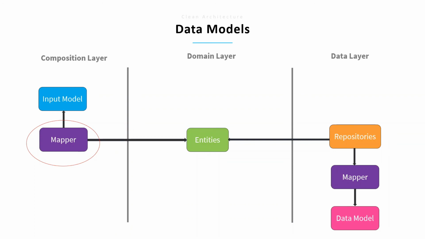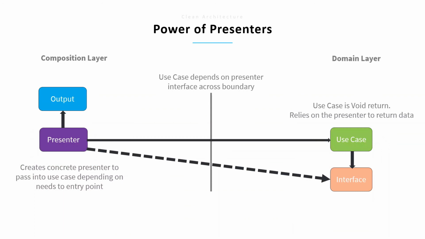And then one of the last concepts I really want to dig into is the power of presenters. They're kind of a funny concept, but really they rely on reference types. Woohoo, I have a reference to memory. I can change it by just knowing its reference. So the idea here is that we decouple the UI, the output, that entry point, from the actual implementation down in the domain.